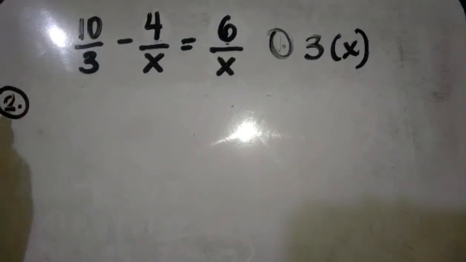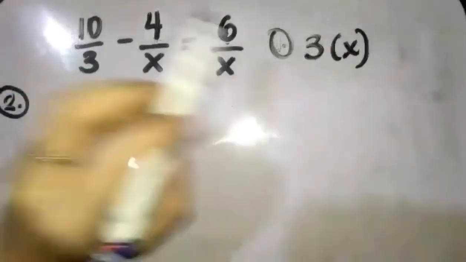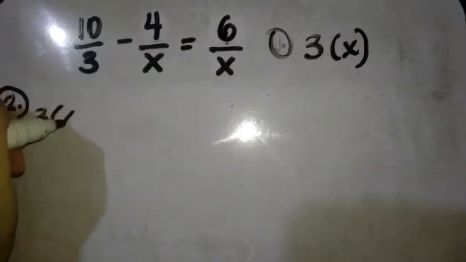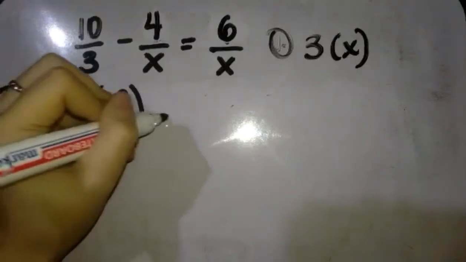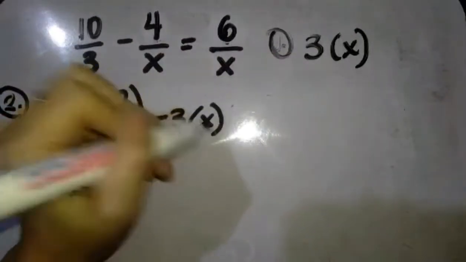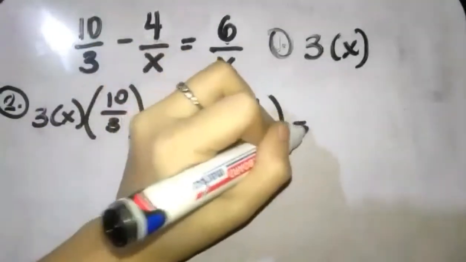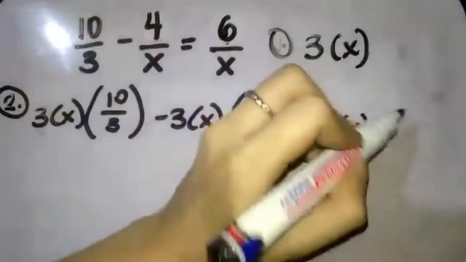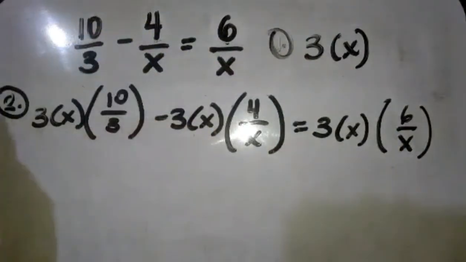And second, multiply the LCD to all the terms in the given equation. 3 times x multiply by 10 over 3 minus 3 times x multiply by 4 over x equals to 3 times x times 6 over x.